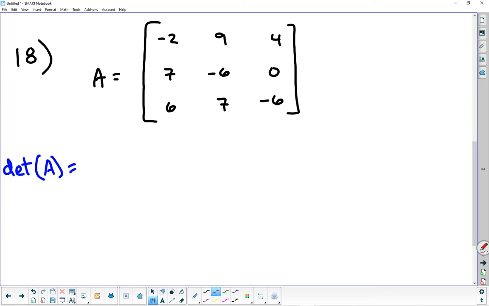Okay, so I'm going to go ahead and use the first row because I just went over that and it's just the easiest for me. So that's going to be a positive. So we have a positive and then -2. So we're going to be using -2.